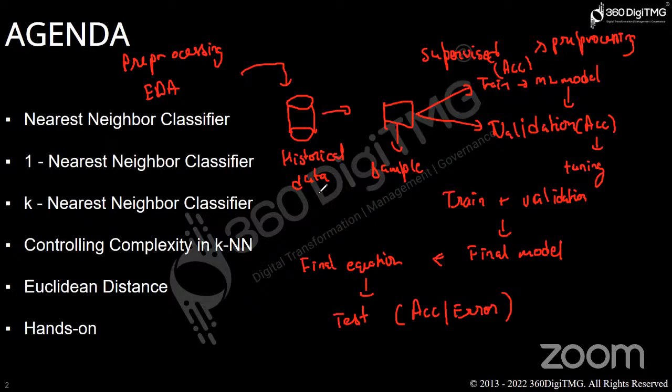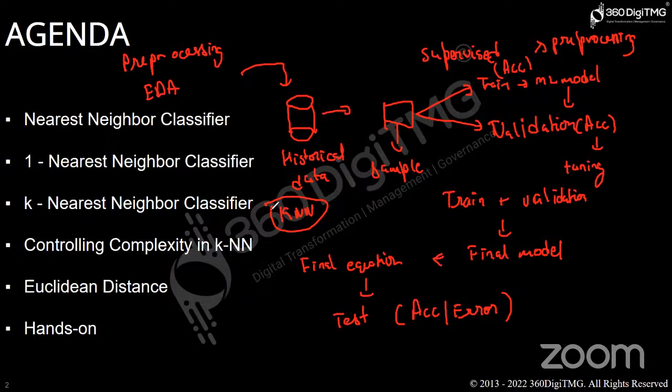Now, if we talk about KNN, sorry, not k-means. KNN is a very simple algorithm to apply. We can use it for classification.